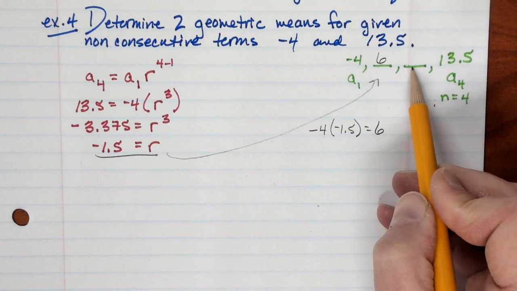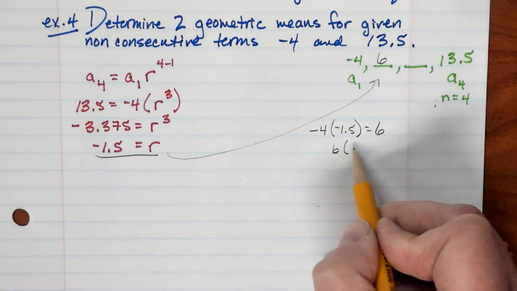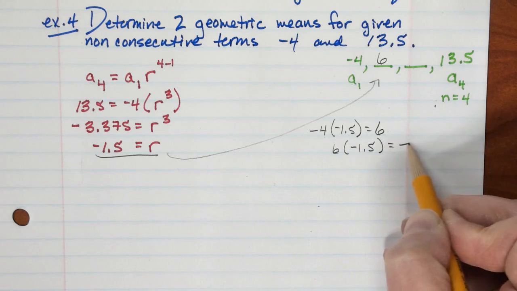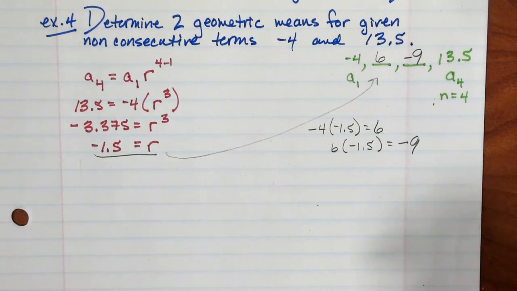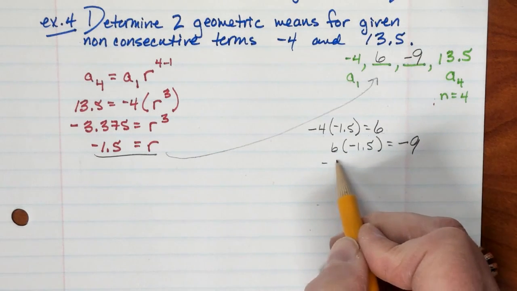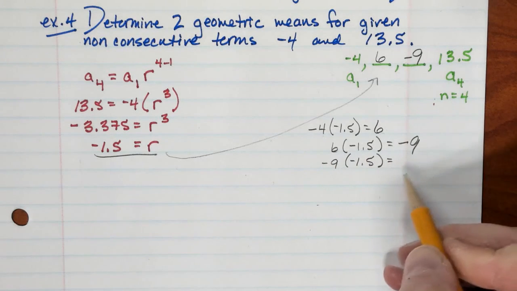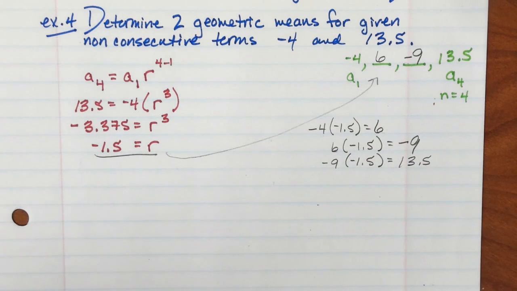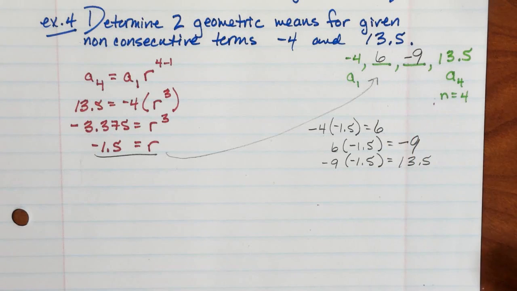Now to get the next term, I'm going to take 6 times -1.5, and I'm going to get -9. Now it's always a good idea to check, just to make sure you're doing the right thing. Take -9 and multiply by -1.5. Make sure that you get the next value. So if I want the two geometric means, it would be 6 and -9.